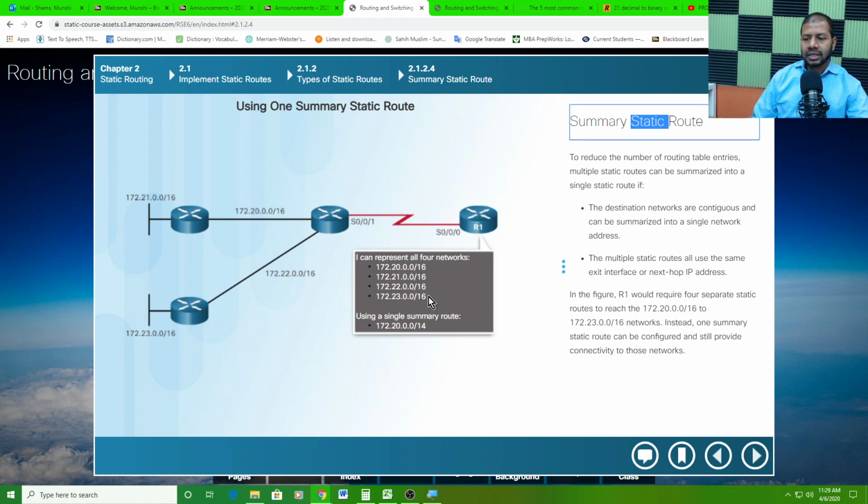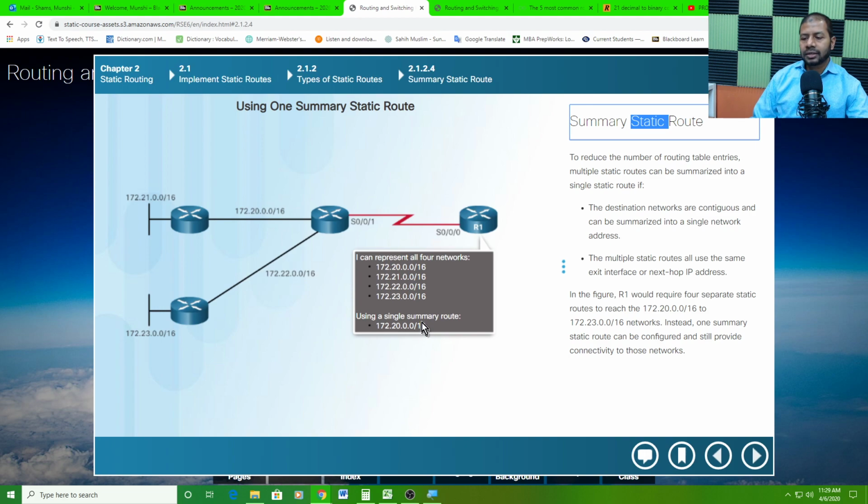That's why instead of a 16 mask right here, if you do a 14 mask, then all of them match. Up to 14 bits, all these addresses match each other. They're a little bit different on the 15th and 16th bit if you convert this into binary.